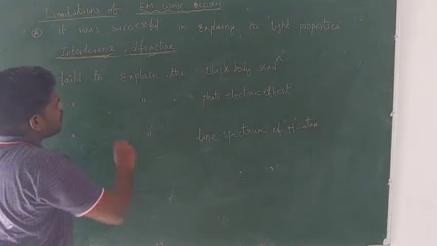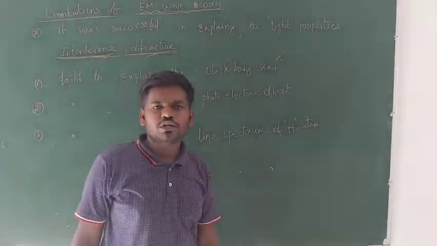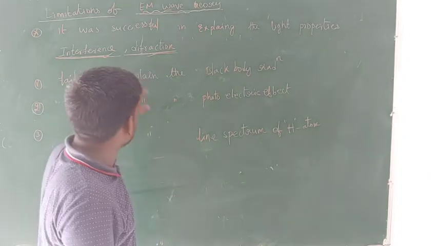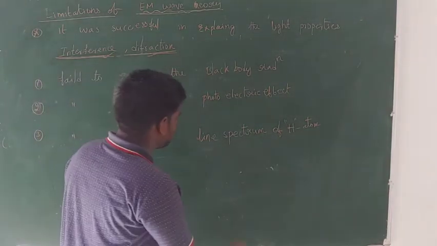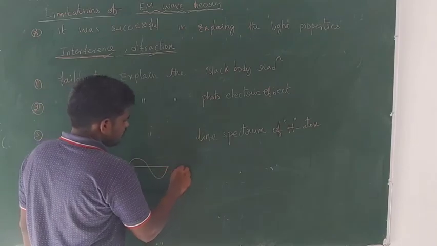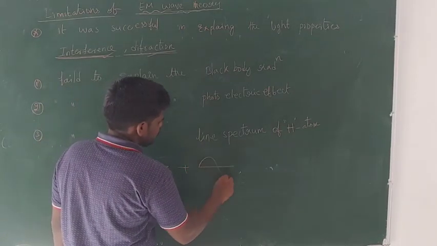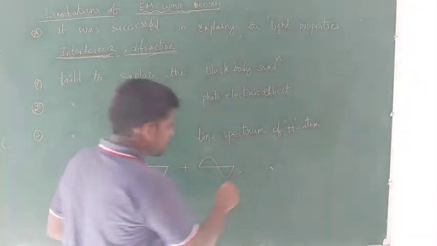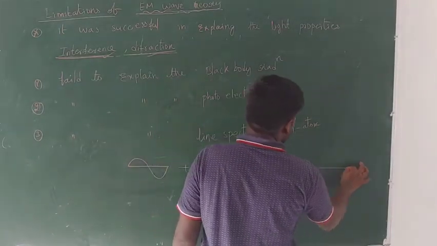Interference means the combination of two or more waves to give a resultant wave. For example, you see here this is one wave and here this is another wave. When these two are combined together, you will get another wave.